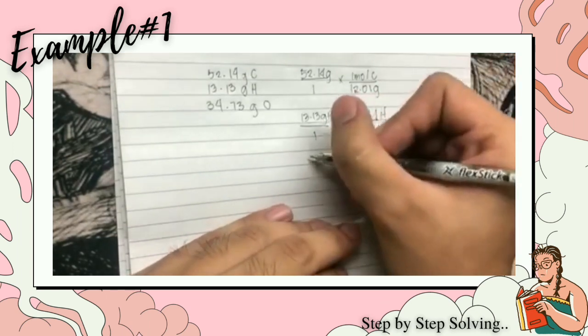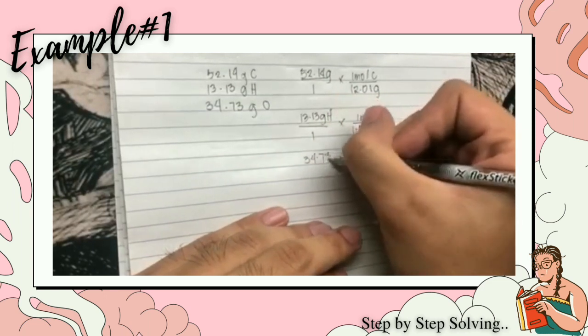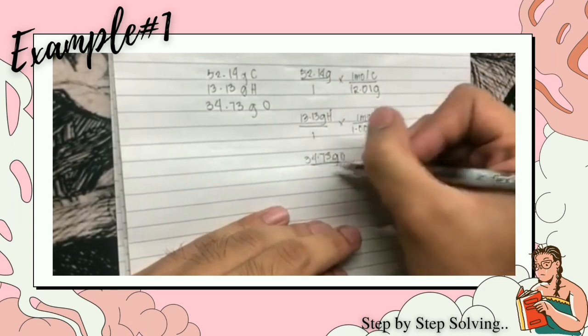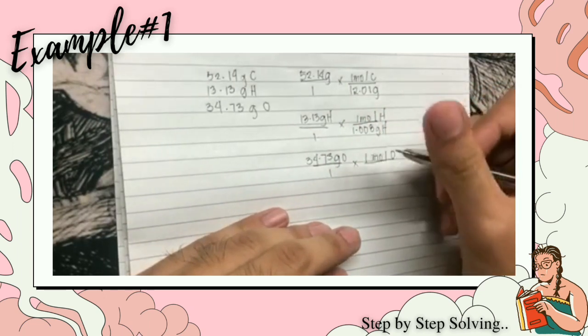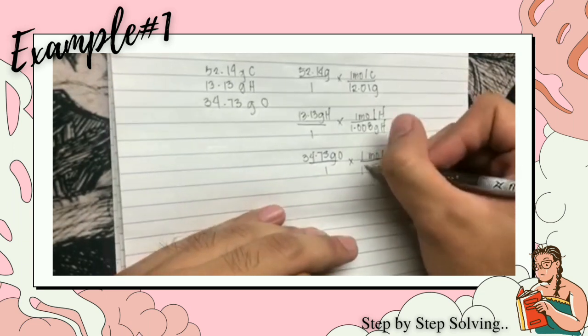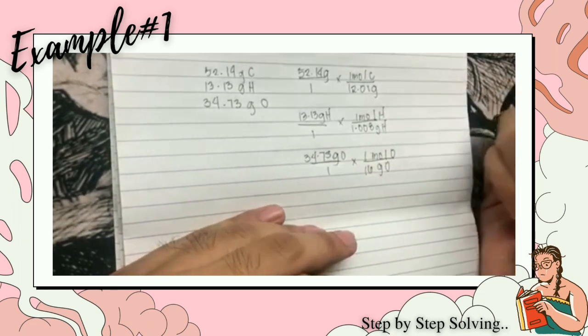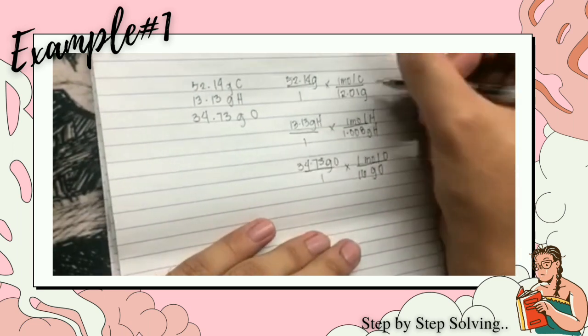And then the oxygen is 34.73 grams of oxygen over 1 times 1 mole of oxygen over the atomic weight of oxygen, 16 grams. Then you need to divide it and cancel the units.